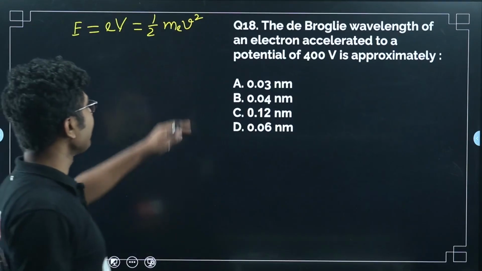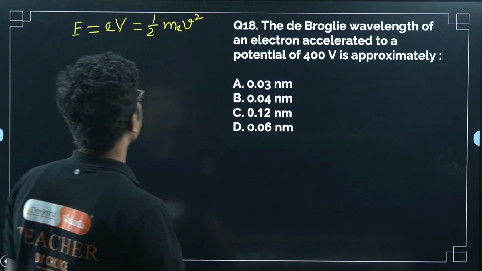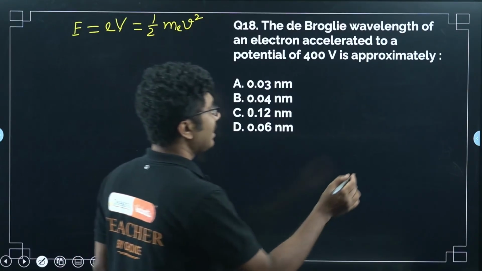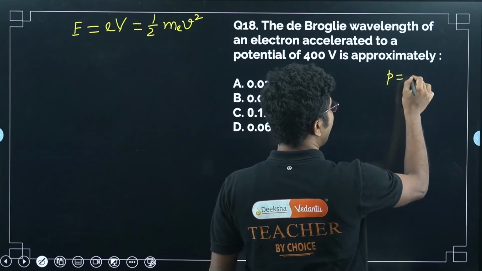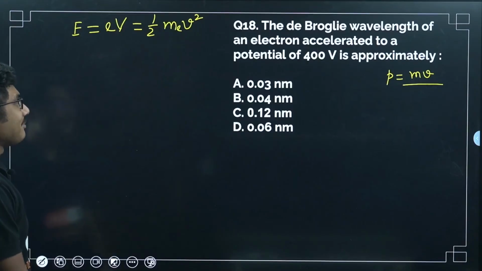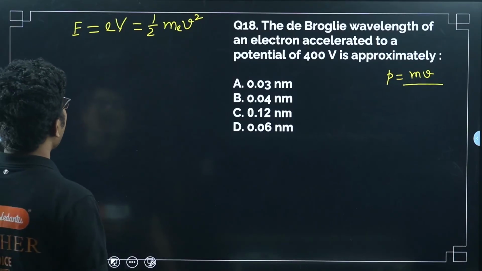From here we have to find the velocity, then we have to calculate the momentum. Momentum p is equal to mv, right? If we can find v, we can write mv, and then we can answer this question, right?